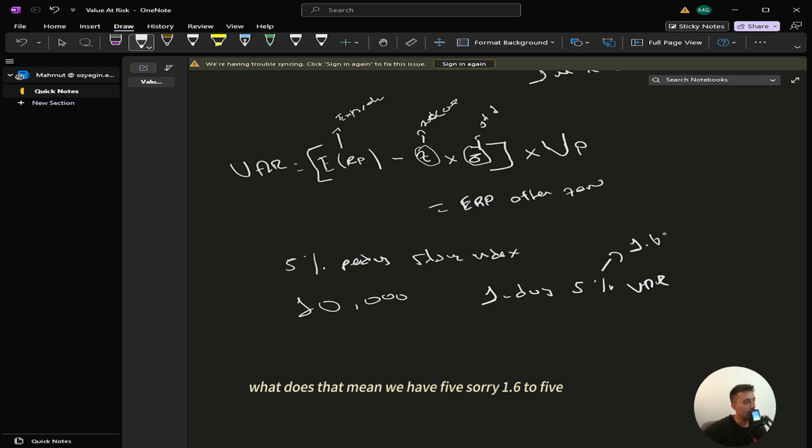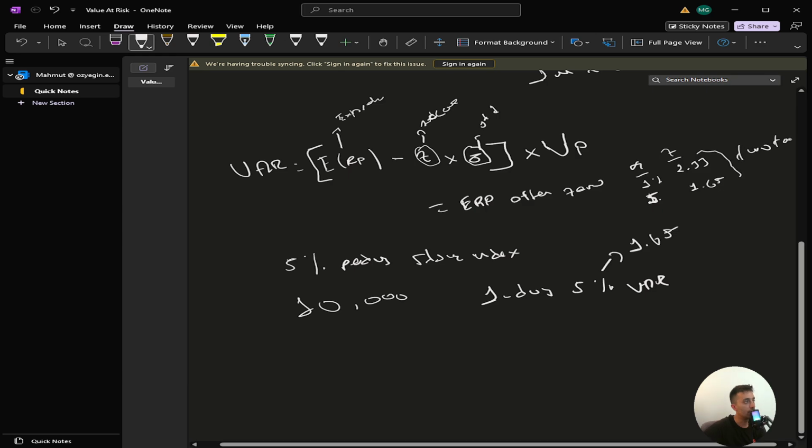We have 1.65 confidence level. By the way, let me give you more information here. If you have a 1% significance level, you'll have 2.33. If you are using 5%, sorry guys, 5%, you'll have 1.65. These are used for two-tailed.